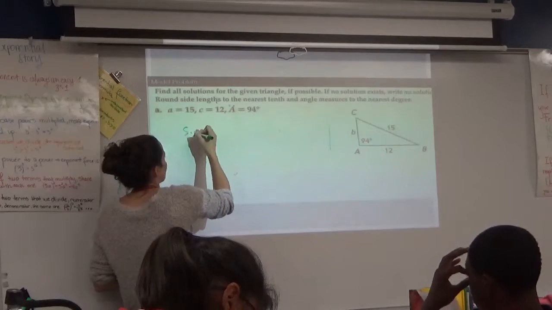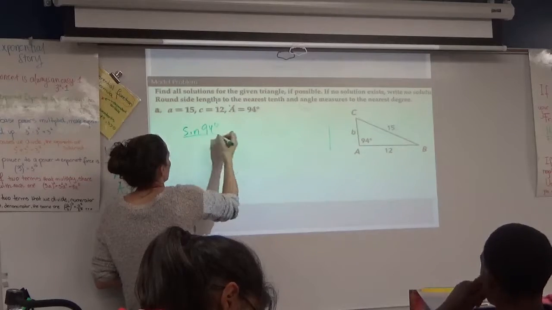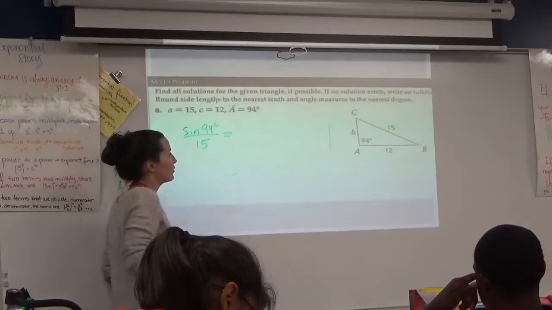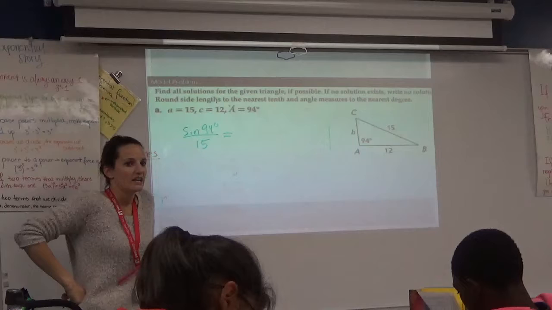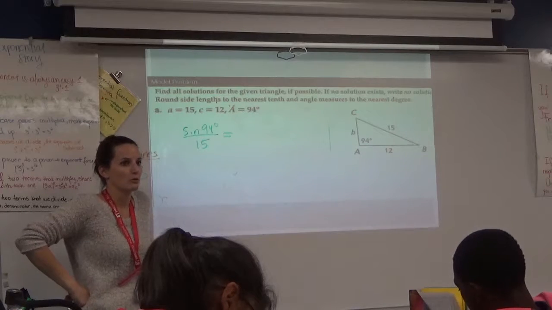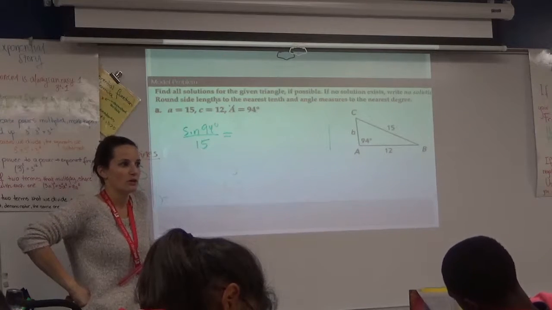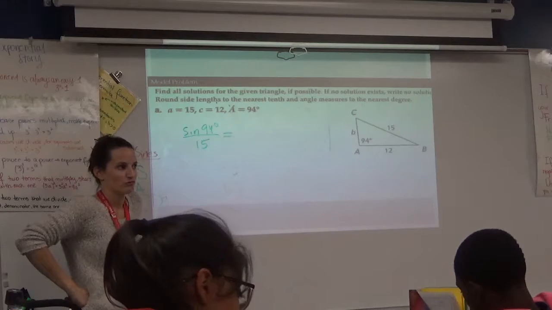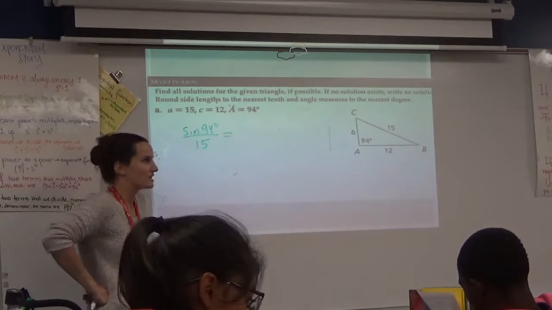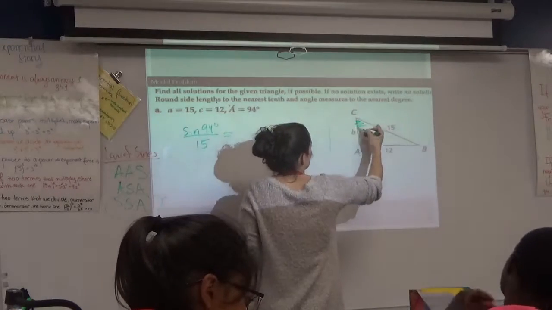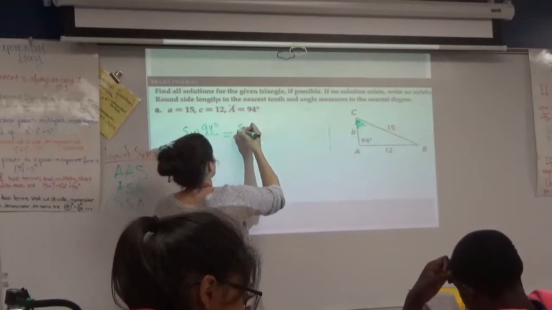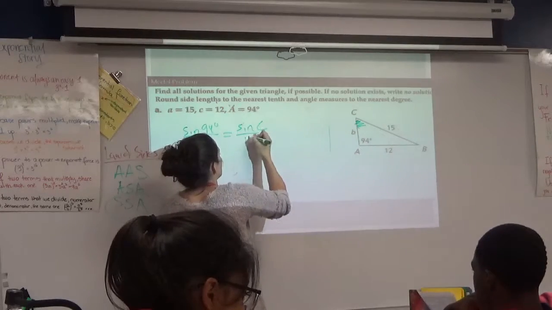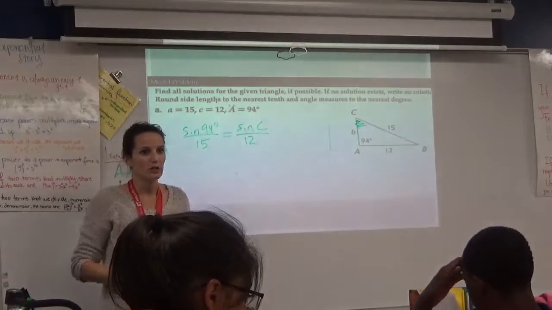So let's say sine of 94 degrees over 15 equals, now this one I can't really just pick either one. Which one am I going to have to find first of my angles? Brenda? C, because I've got 12. So I can say sine of C over 12 like this, right? Cool. So let's find angle C.